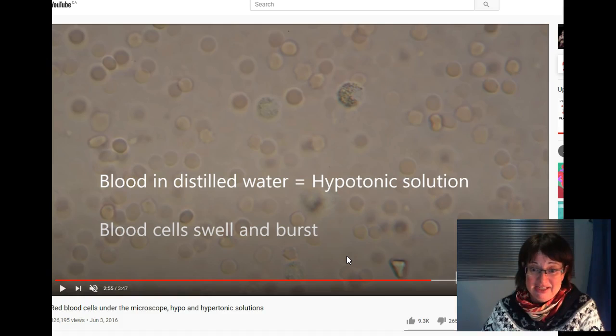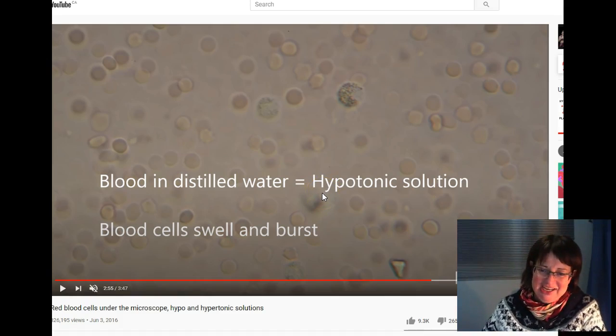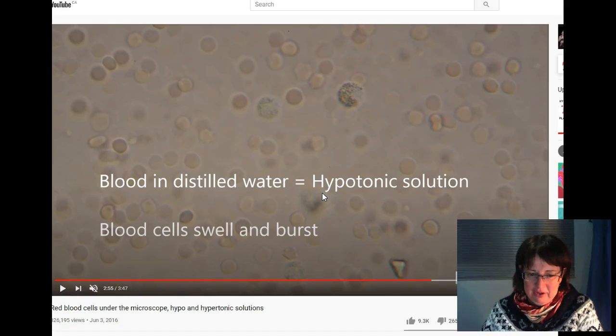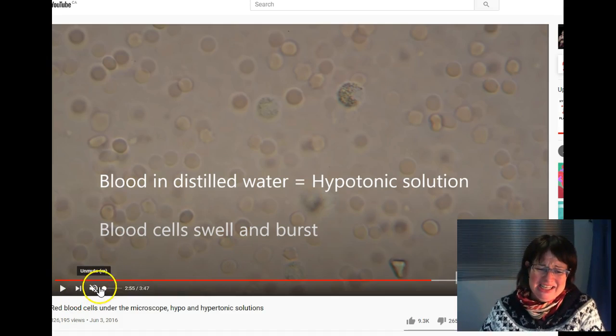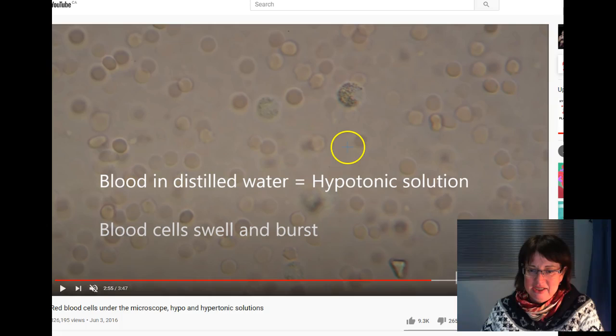Hypo means there's less water or more non-water particles. So hypo means less. So outside there is less non-water particles. And since this is pure water, that's about 100%. So outside now is 100% water.